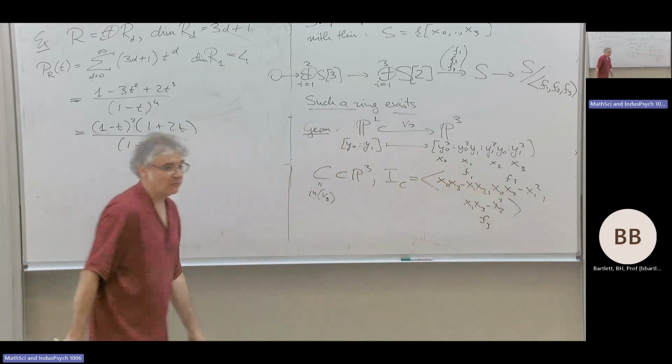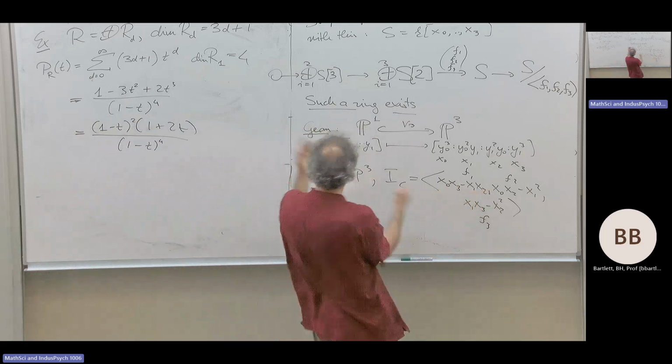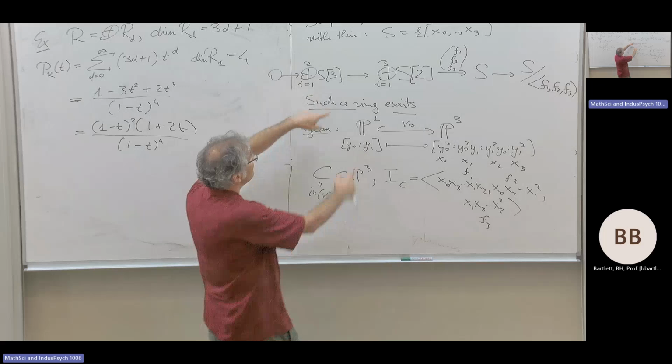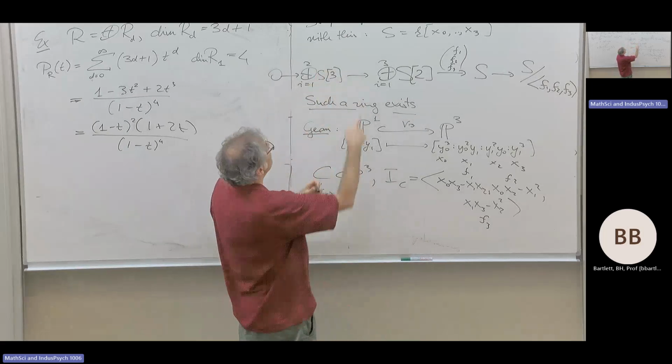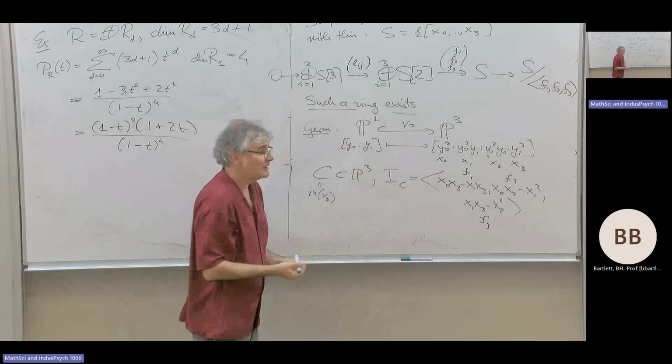This is what Miles Reid calls solving a Sudoku puzzle. You want to find, and you know they're linear, so they're degree 3, so these guys are actually linear. So here there is a 2 by 3 matrix of linear elements, Lij.